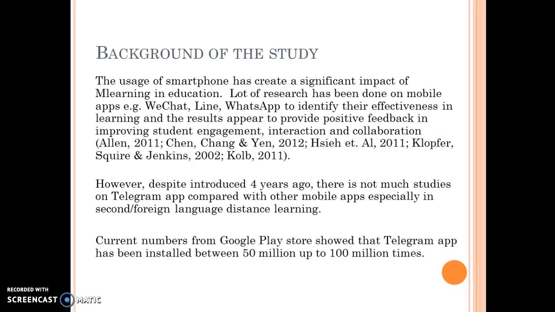We can see that a lot of learning research and studies have been done to explore and identify how mobile learning is really effective and helps learners in studying, not just learning but also teaching. As I said before, a lot of research has been done on mobile apps, for example WeChat, Line, WhatsApp, and the results appear to provide quite positive feedback in improving student engagement, interaction and collaboration.